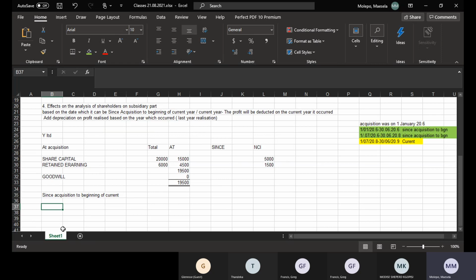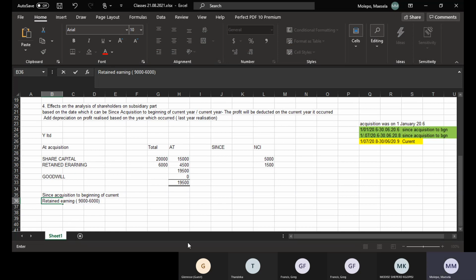As per the information here, the retained earnings at the beginning of the year for Y was 9,000 from the statement of changes in equity, less the one at acquisition, which we were told was 6,000.